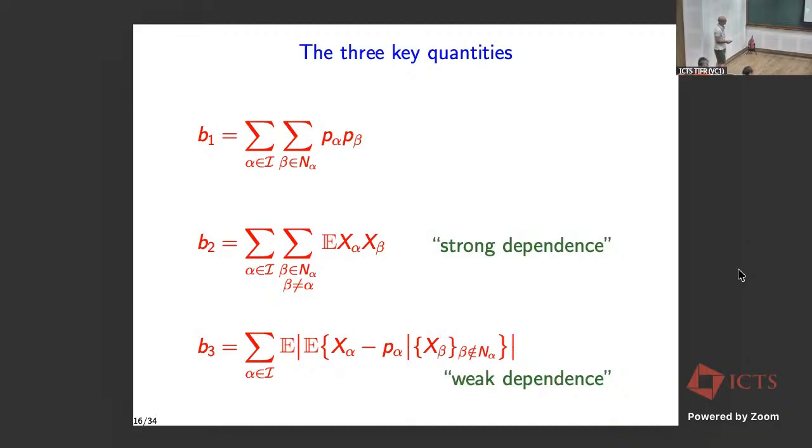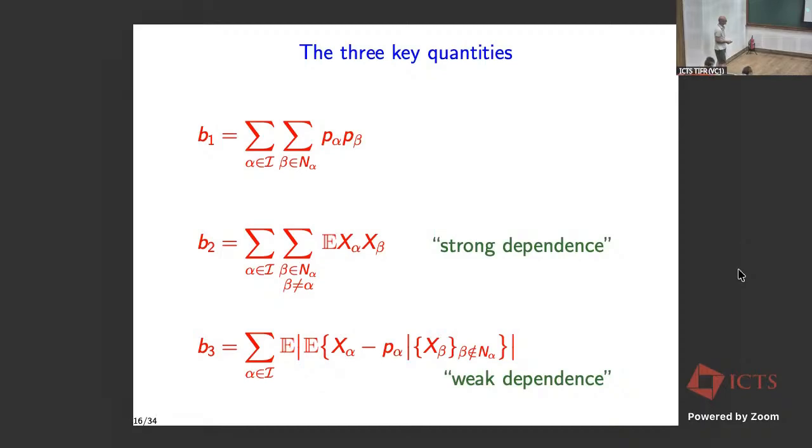And then for the weak dependence, you need to understand how whatever is outside of the set that depends strongly on X alpha influences X alpha. Given that, you need to evaluate the expectation of X alpha minus P alpha. Of course, if this is independent of that, then that's just 0 because the conditioning doesn't have any effect.